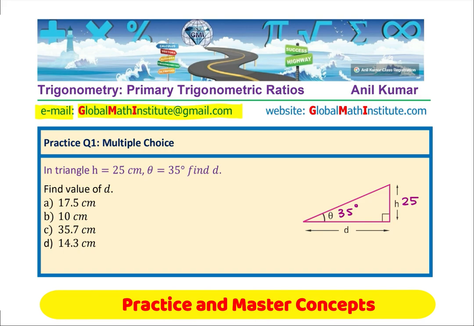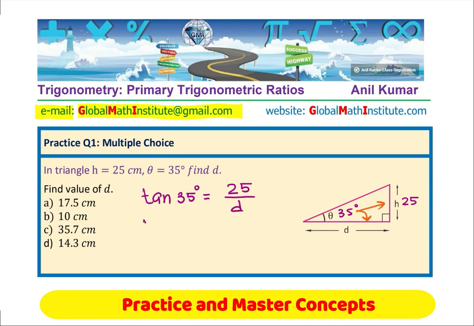As soon as you do that, we know we're looking at two sides, one of which is opposite, the other one is adjacent. So the ratio of opposite to adjacent is what tan theta is, right? So tan of angle 35 is equal to 25 over D, right?